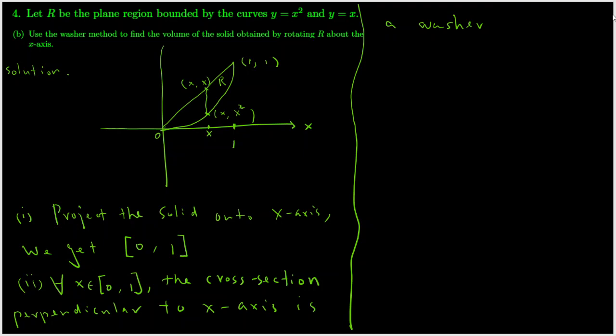Now we are going to compute the area of the washer. A washer has an inner radius and an outer radius. A washer is something like this, right? To draw it in one plane. Now I want you to tell me the inner radius and the outer radius.